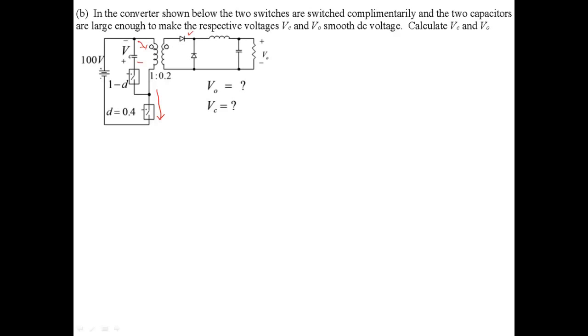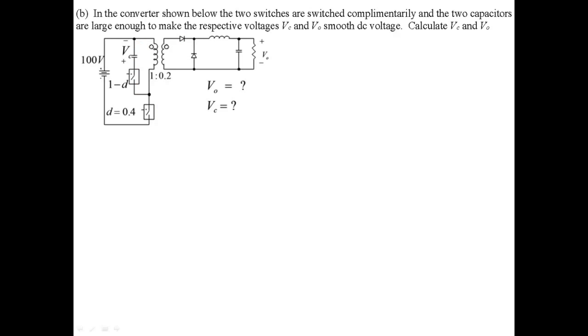When the switch is turned off, we need a current to enter the dot, and there is no possibility of a current entering the dot on the secondary side. So the current would flow in this way through this switch, which is now turned on, into the capacitor, and then enters the dot, completing that path.